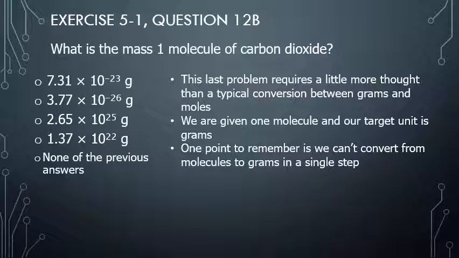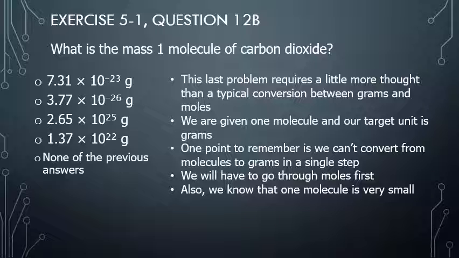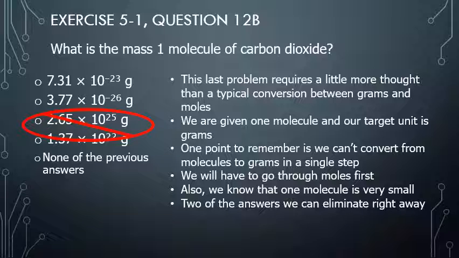We're going to go through moles. We also know that one molecule is very, very small. Looking at our given choices for answers, we can eliminate two of those choices right away. Okay, 10 to the 25th, 10 to the 22nd grams, those are huge amounts, and we know one molecule cannot weigh that much.